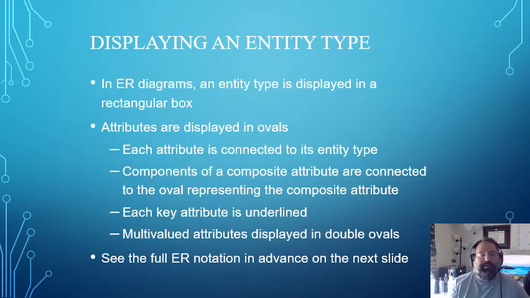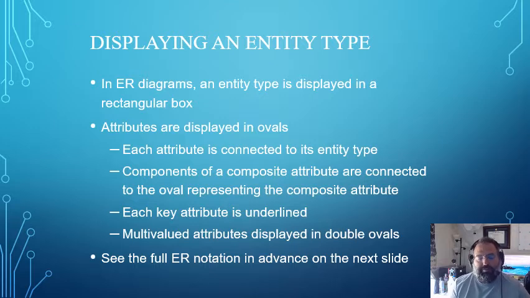Displaying an entity type in an ER diagram: an entity type is displayed in a rectangular box, so you draw a little rectangular box and typically give it a name. Attributes are displayed in ovals, so they're ovals instead of boxes. Each attribute is connected to its entity type. Components of a composite attribute are connected to the oval representing the composite attribute.